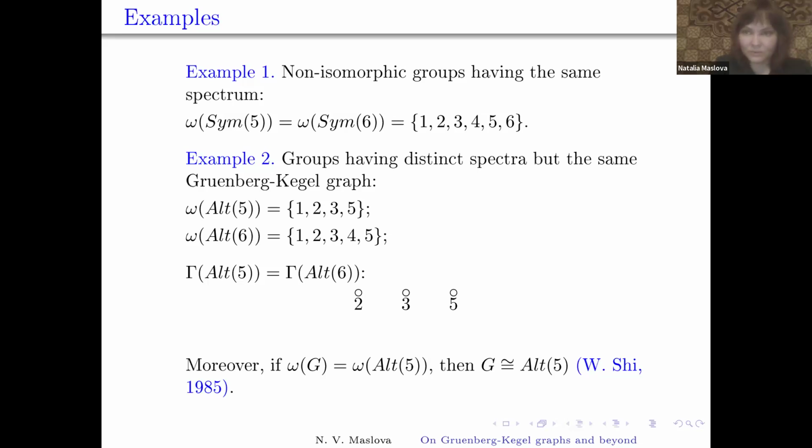For example, alternating groups on 5 and on 6 points. Moreover, if you take the alternating group on 5 points, then the group is uniquely determined by its spectrum. However, the alternating group on 6 points is not uniquely determined by its spectrum, and both are not uniquely determined by the Gruenberg-Kegel graph.